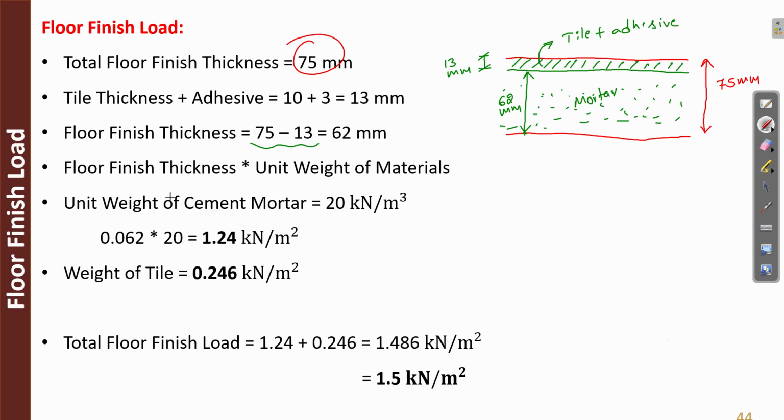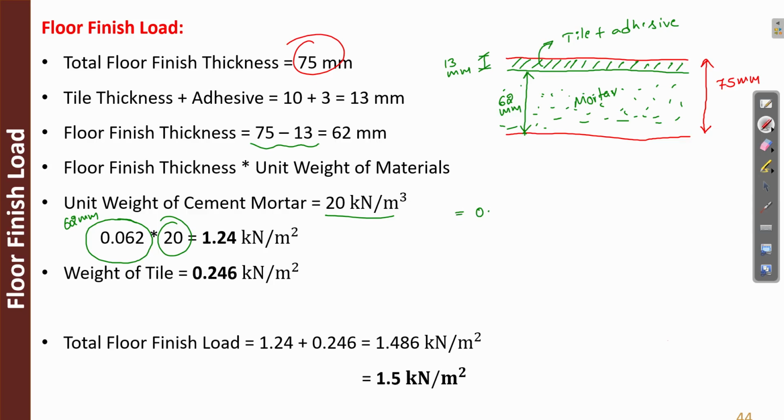First we will calculate the weight of mortar. So that is floor finish thickness, 62 mm, converted to meters, 0.062, multiplied by unit weight of cement mortar 20.